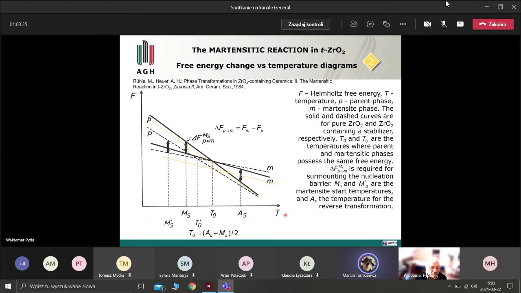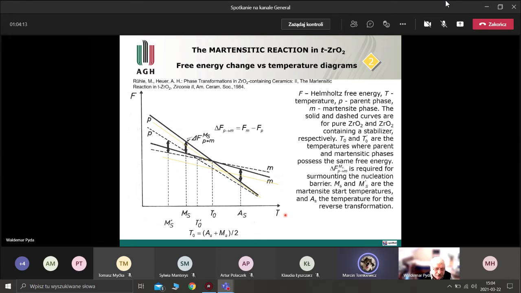On the left hand side, the Helmholtz energy is more than 0, and on the right hand side it is less than 0. So there the Helmholtz free energy is less than 0, and the martensitic phase is the better one, I think.